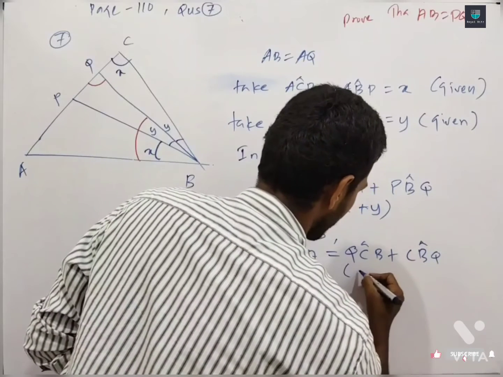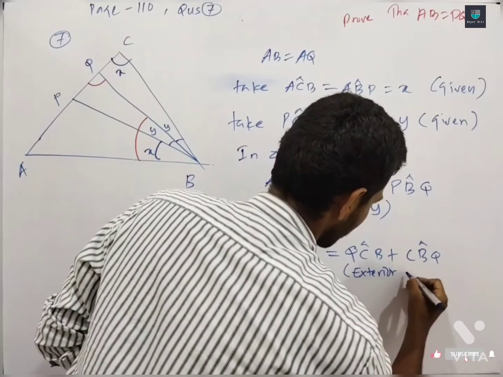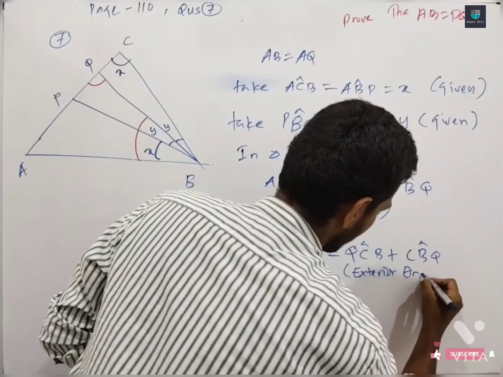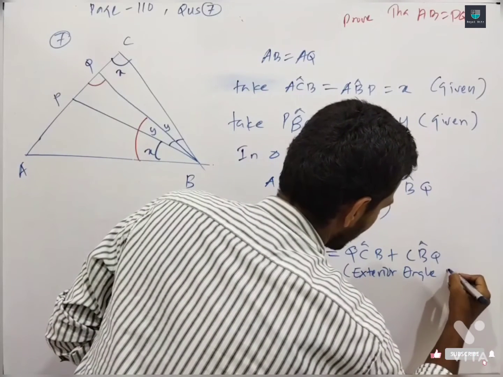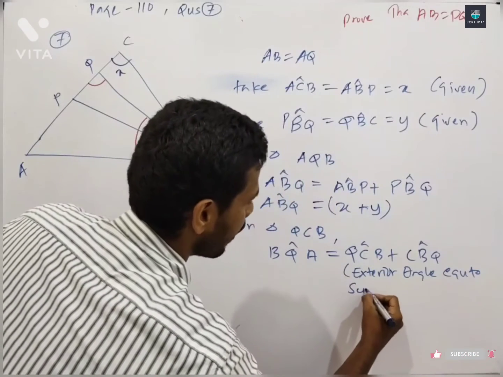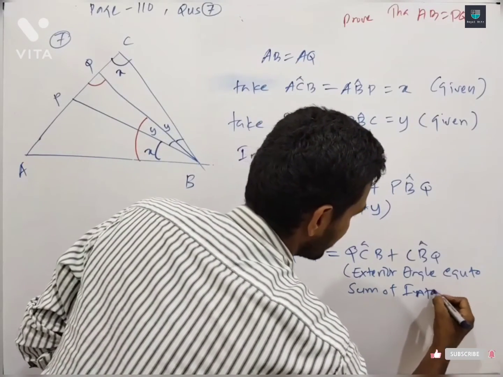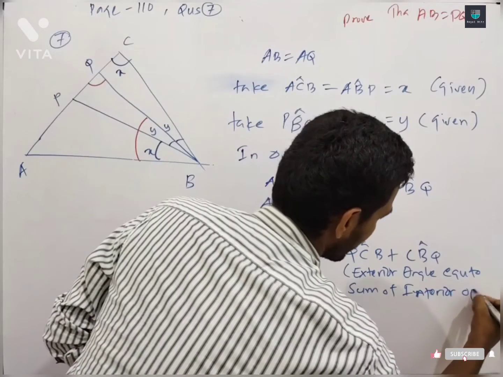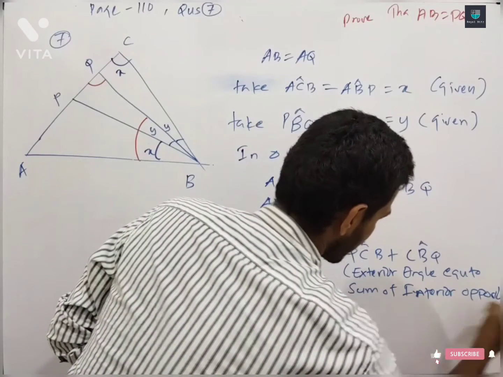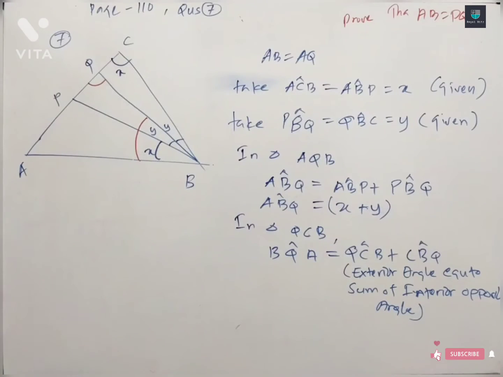This is important. Exterior angle equal to sum of interior opposite angle. Very good. Interior opposite angle. Okay, right.